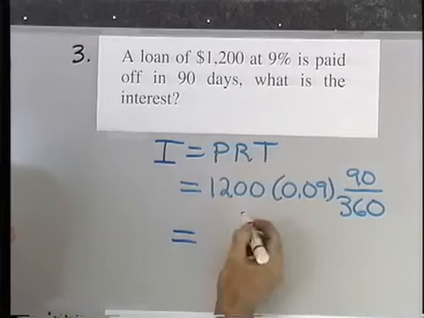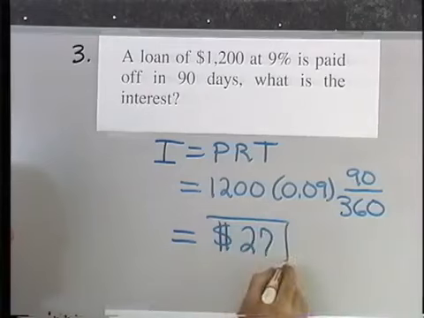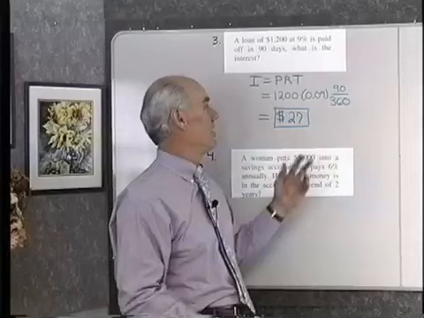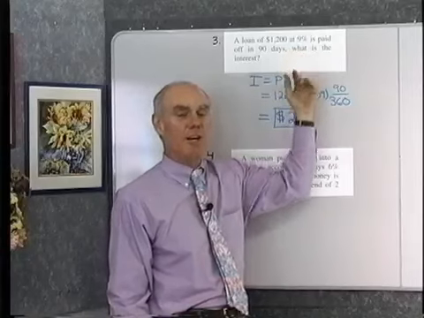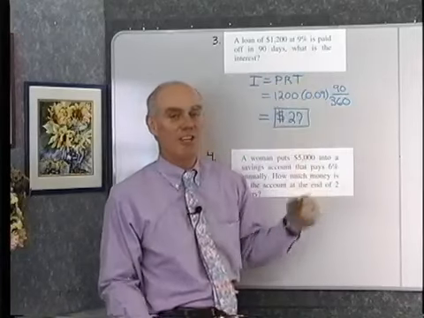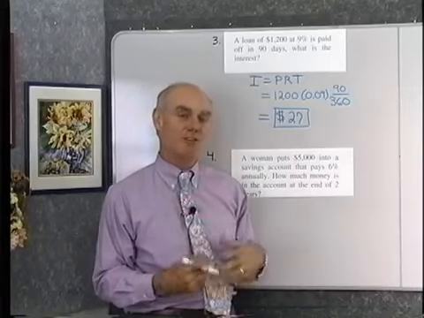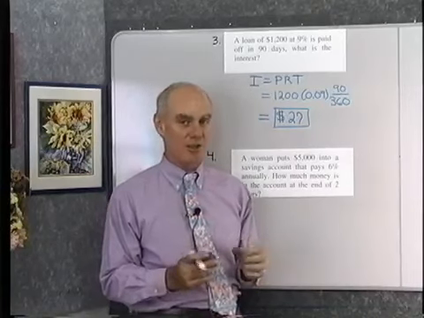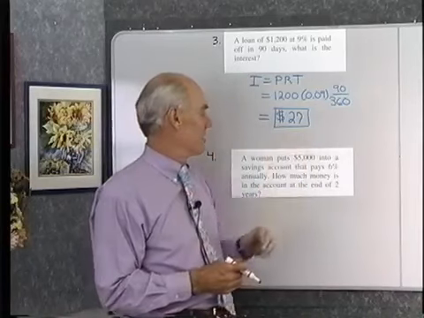When I work all that out on the calculator, I end up with $27. So $27 is the amount of interest that you will owe if you take out a loan of $1,200 at 9% simple interest, and you keep it for 90 days. So if it's all paid back in 90 days at just simple interest, the amount of interest that you'll owe will be the $27. Let's look at our next problem.